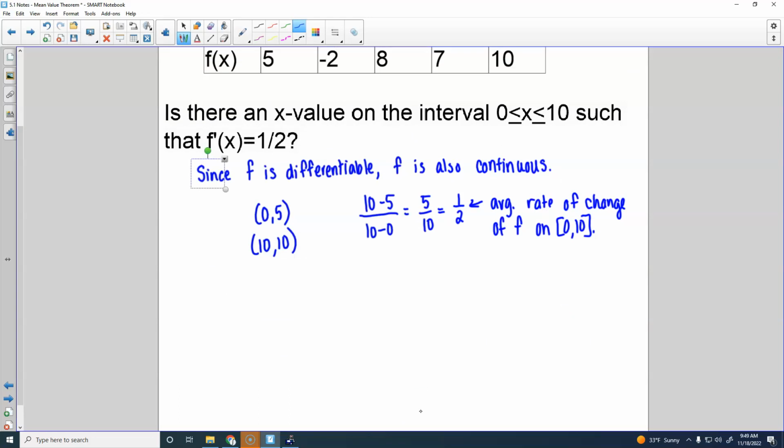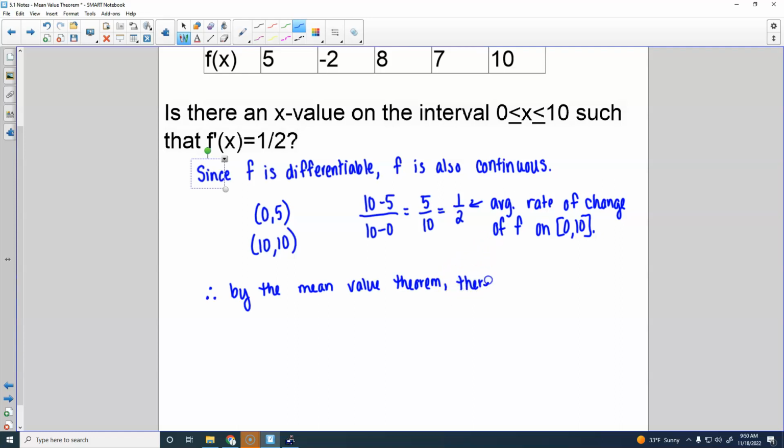So, since our average rate of change is 1/2, that tells us the derivative has to equal 1/2 at some point, right? So you're basically just going to say, therefore, by the mean value theorem, and just restate what the question's asking.